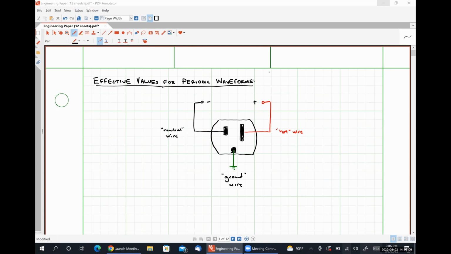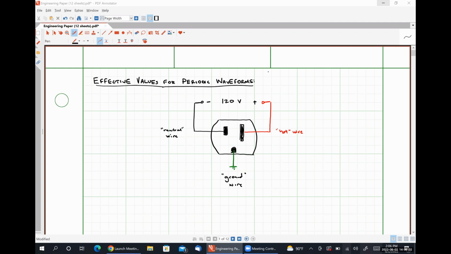All right, nobody's volunteering anything, so I will tell you. This is commonly referred to as 120 volts. Have any of you guys ever heard of that? Okay, I'm very surprised actually.